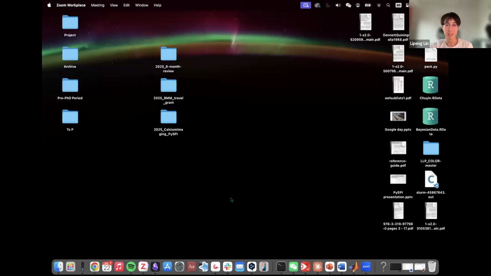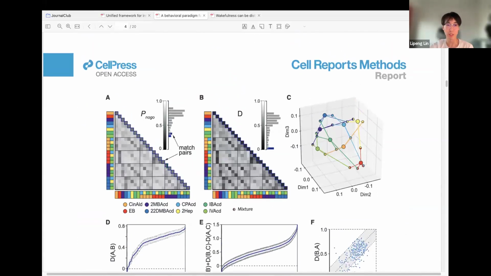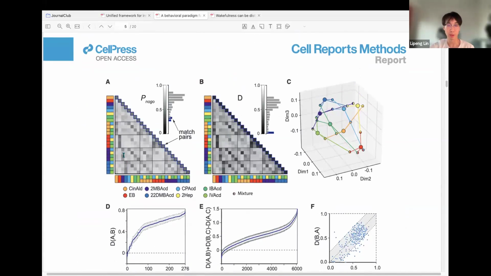Okay. Then they show the similarity of odors and use MDS to visualize the distance between multiple stimuli. And sorry to share it again. Here, let's see the dissimilarity matrix.